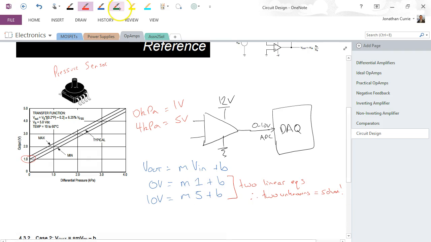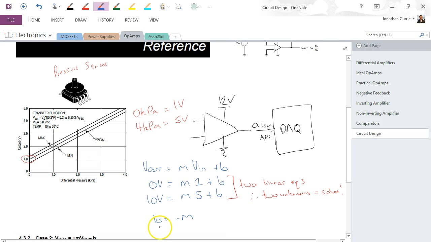The way we could do this very simply is, from that top equation, B is equal to minus M, so we just bring M onto the other side.